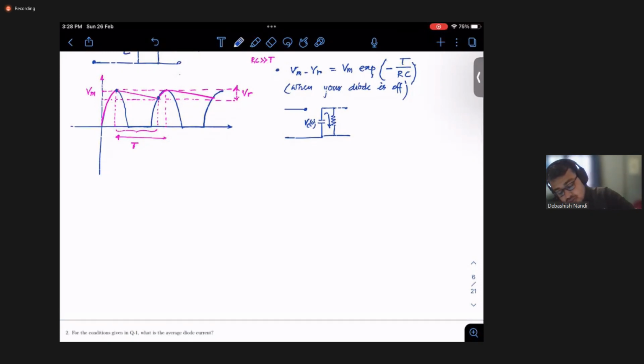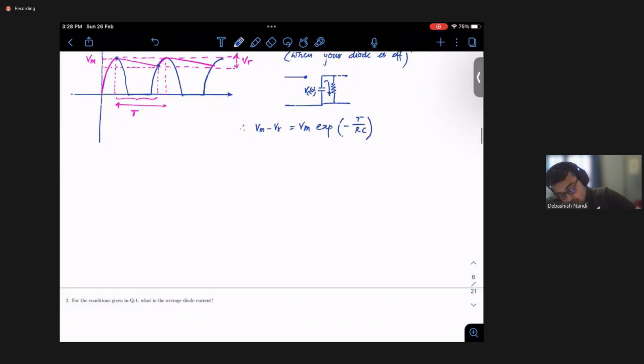So Vm minus Vr will be Vm exponential minus T by RC. We know that T is much less than RC, so exponential minus T by RC can be approximated as 1 minus T by RC.